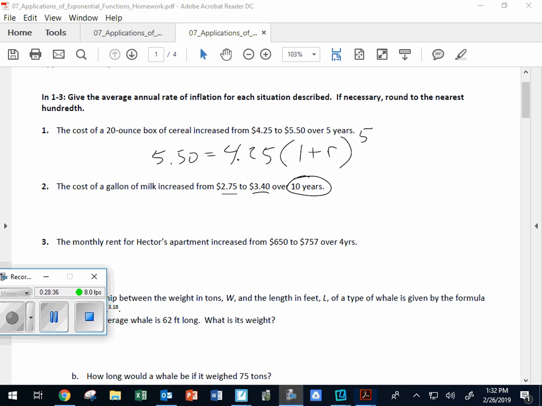Okay, so we're doing number 1 and 2, and I'm going to make a list now of ones that you may skip on this assignment. You may skip problem 3. You can skip problem 5, problem 9, problem 10.